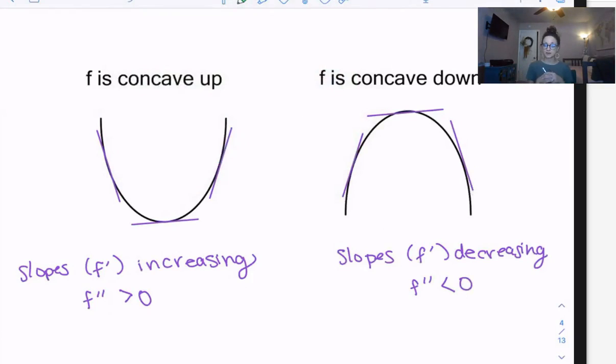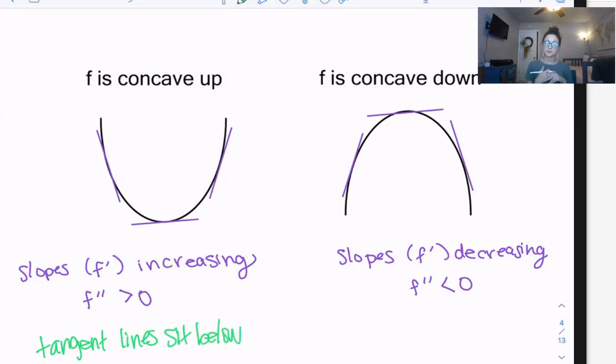If f is concave down, that's the same thing as saying the first derivative is decreasing, which is the same as saying the second derivative is negative. And by the way, it's also the same as saying that the tangent lines sit above the curve.